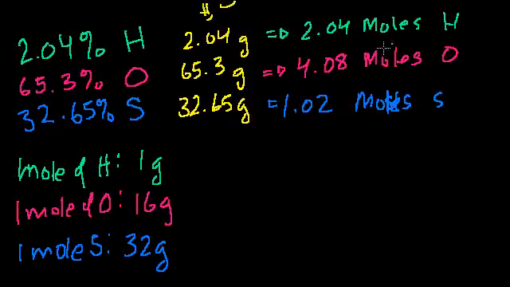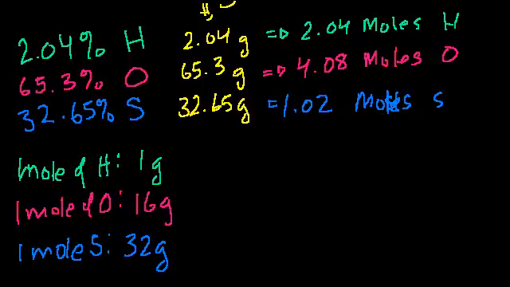And this was hydrogen up here. So here you should hopefully see a pretty good ratio. The ratio worked out exactly, and that's because I made up this problem before we worked it, so the numbers worked out. For every mole of sulfur, you have 2 moles of hydrogen. This ratio is 1 to 2. 2 times 1.02 is 2.04. And for every 1 mole of sulfur, you have 4 moles of oxygen. If you multiply this times 4, you get 4.08.